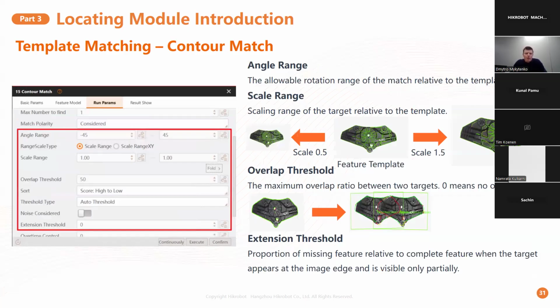Here, the allowable scale and rotation of the target relative to the template are defined. The scale range limits how much the target may grow or shrink, while the angle range specifies the permitted rotation during matching.